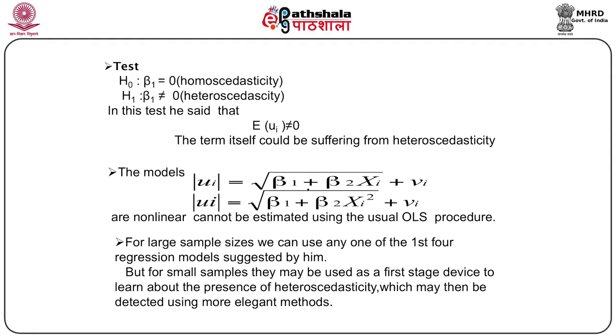However, in case of small samples, they may be used as a first stage device to learn about the presence of heteroscedasticity, which may then be detected using more elegant methods.